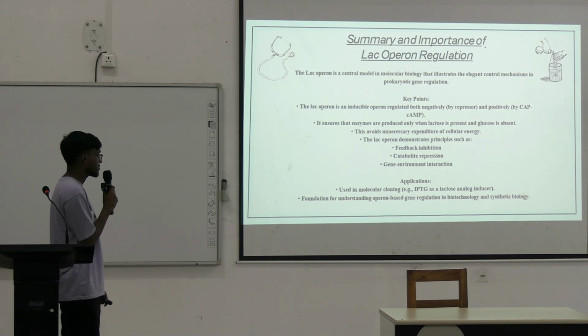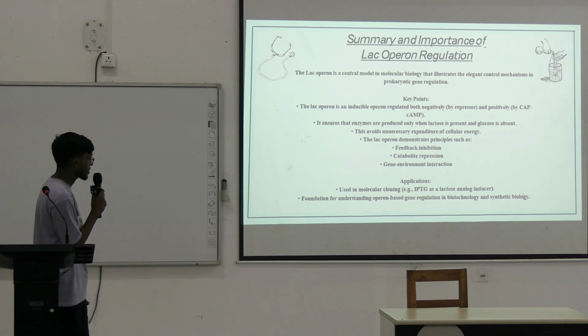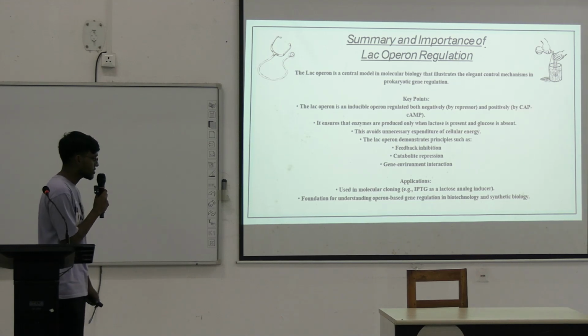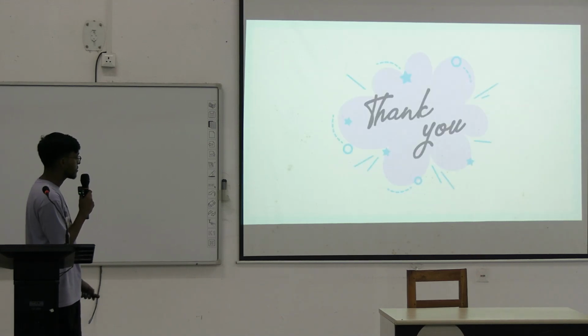This avoids unnecessary expenditure of cellular energy. The lac operon demonstrates principles such as feedback inhibition, catabolite repression, and gene-environment interaction. The applications are used in molecular cloning, for example IPTG as a lactose analog inducer, and as a foundation of understanding operon-based gene regulation in biotechnology and synthetic biology. Thank you.